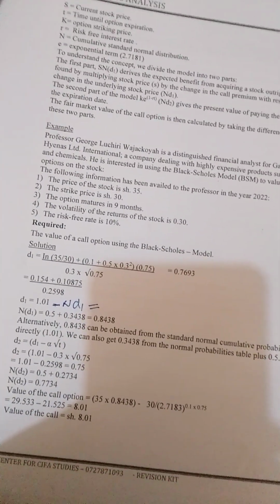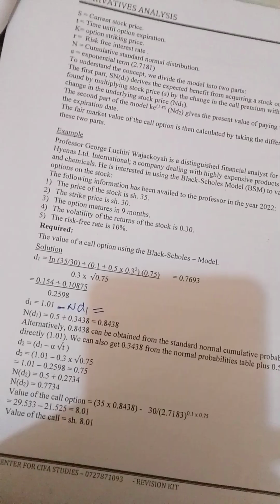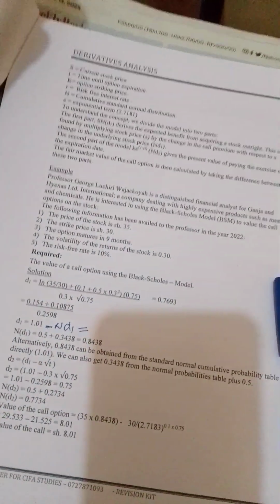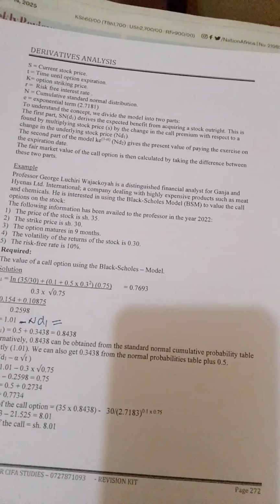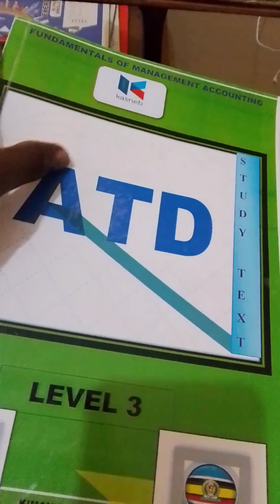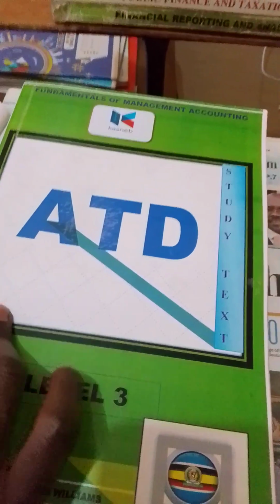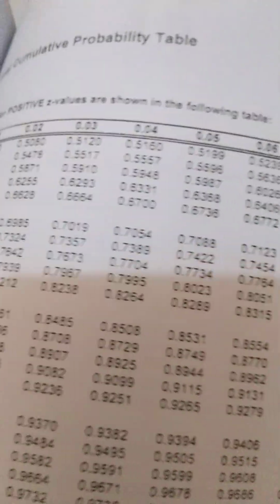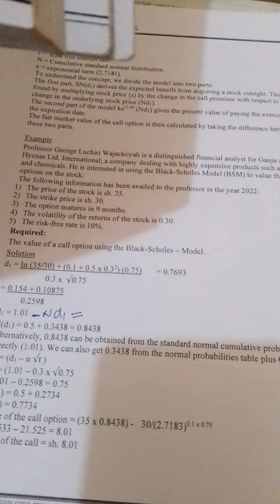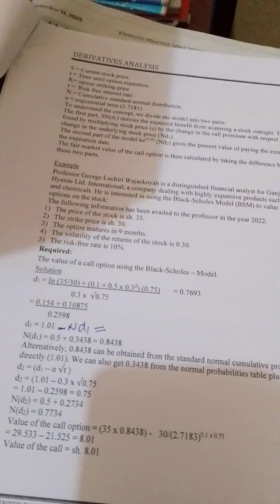I want to show you how I got that using my table. If your D1 is 1.01, now you can pick your table. If the examiner provides that table, I'll check from here. I have a table here. Now, I think we got our answer there is 1.01.